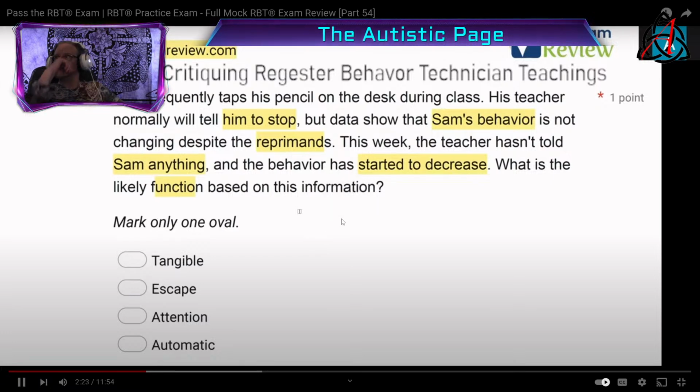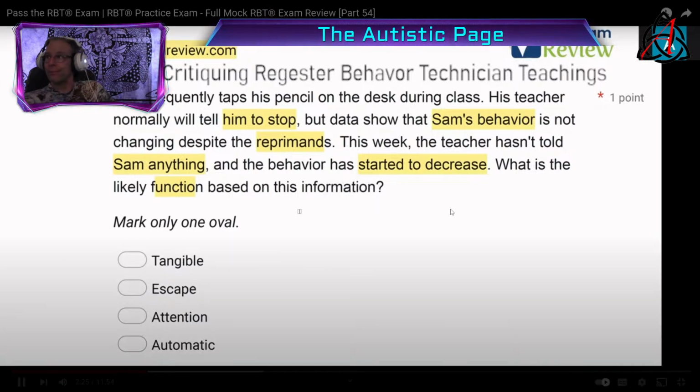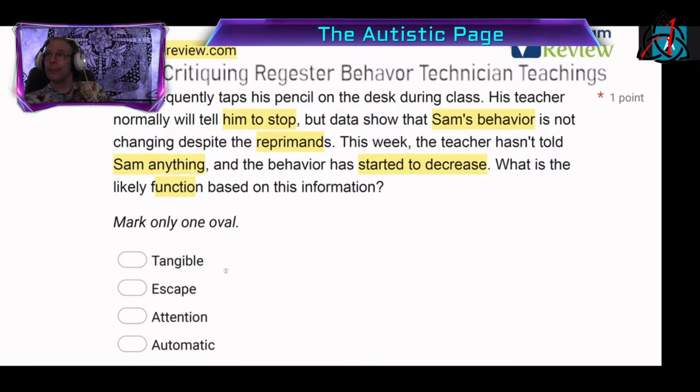The behavior doesn't continue and starts to decrease. Do we think Sam is trying to escape? Well, nowhere in this explanation does it look like he's trying to escape. It looks like he's working for attention. In other words, he's engaging in his pencil tapping behavior to get the teacher to say something to him and give him some of that attention. And it isn't automatic because this is socially mediated.